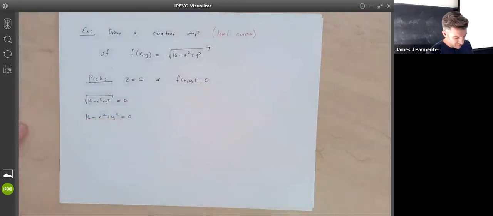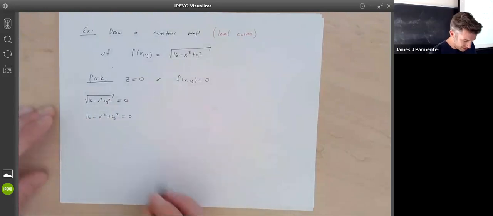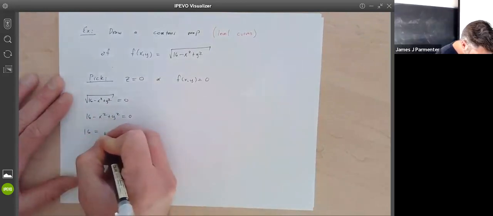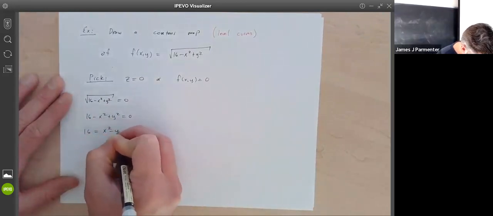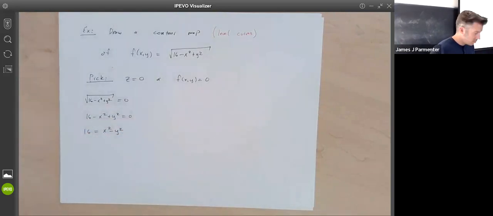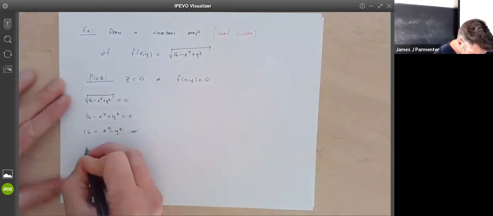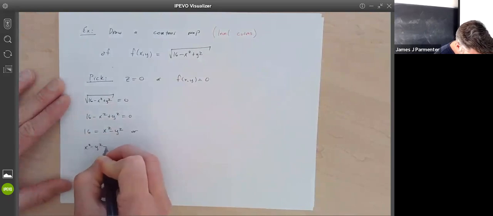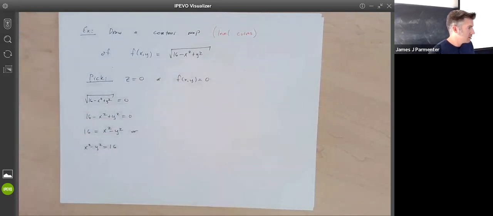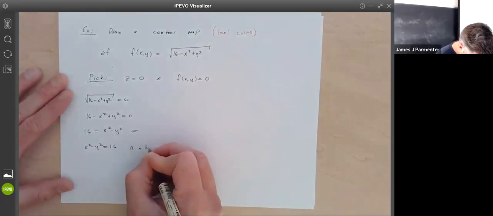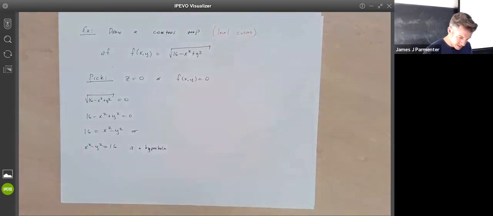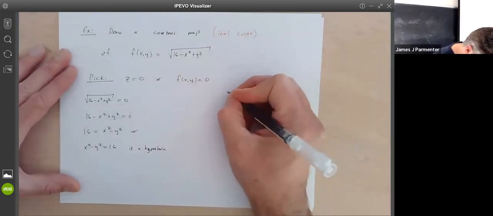And then I'm going to move the x squared and the y squared to the other side, meaning I'm going to have that 16 equals x squared minus y squared. Now, you might not recognize this graph immediately. This is a hyperbola, and it looks kind of like this.